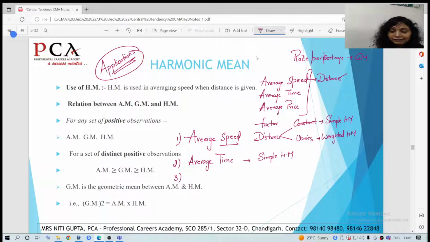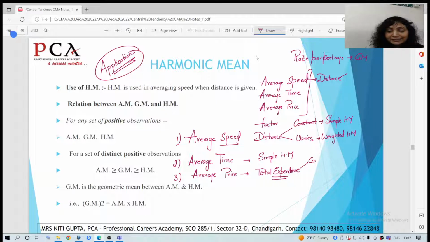And third is whenever you have to compute average price. The best average for computing average price is arithmetic mean. The possible scenario where we use harmonic mean is when total expenditure is given. When total expenditure is given, then we compute harmonic mean.